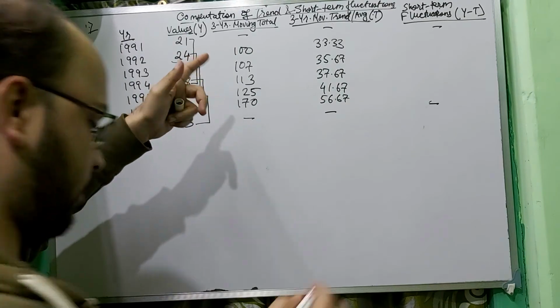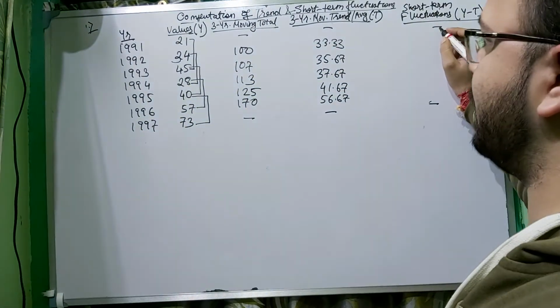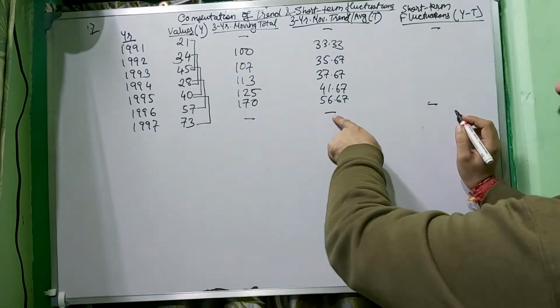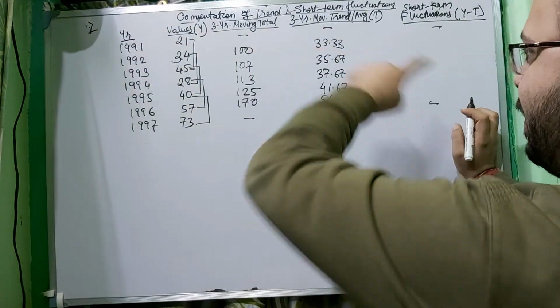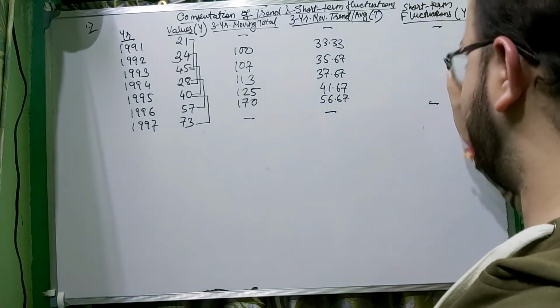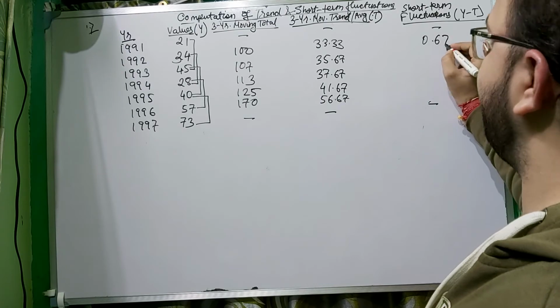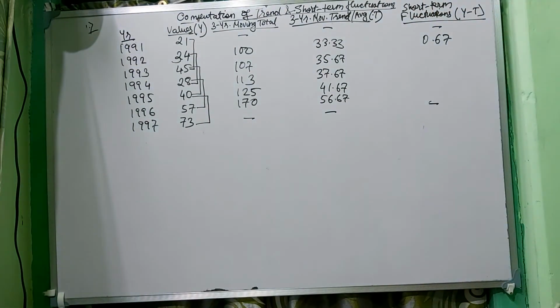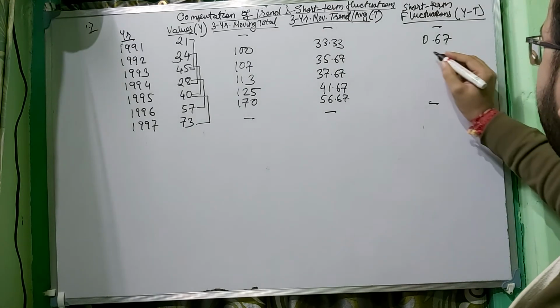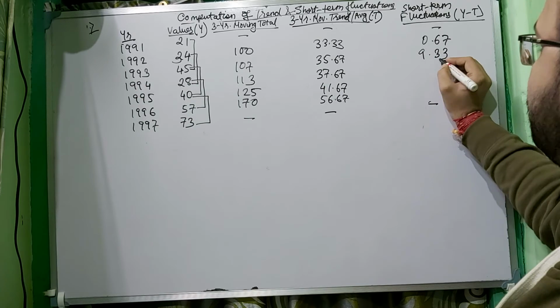Over here there is no value, so dash, and here also no value, so dash. So 34 minus 33.33 is 0.67. Next is 45 minus 35.67, it is 9.33. That is the short-term fluctuations.